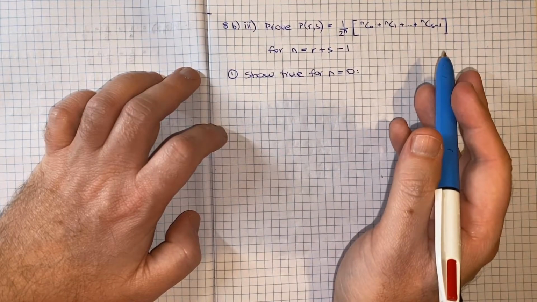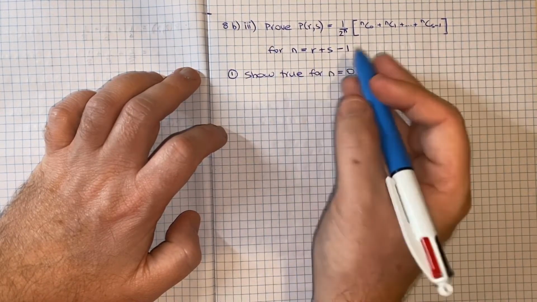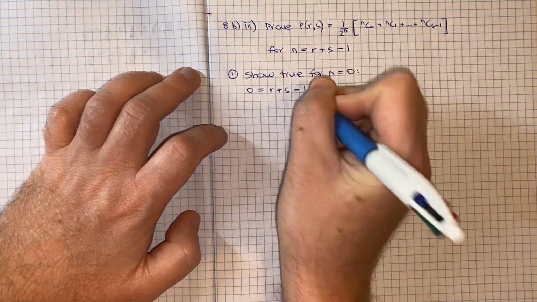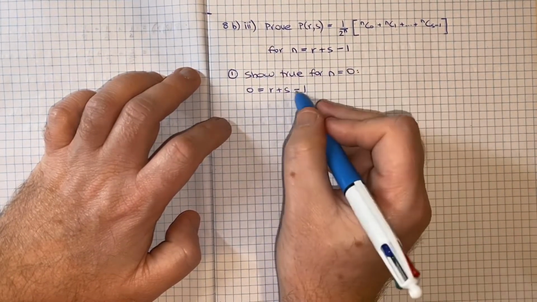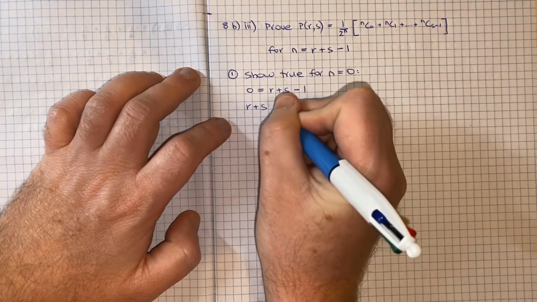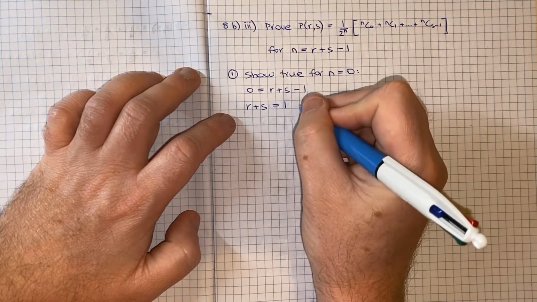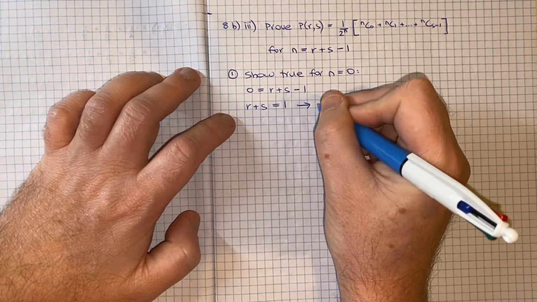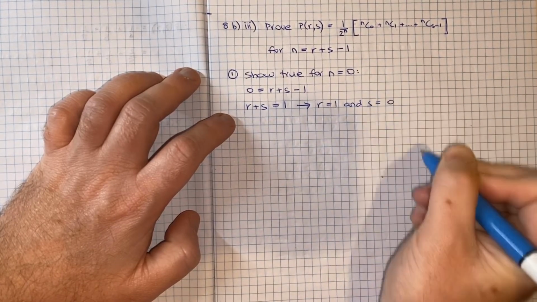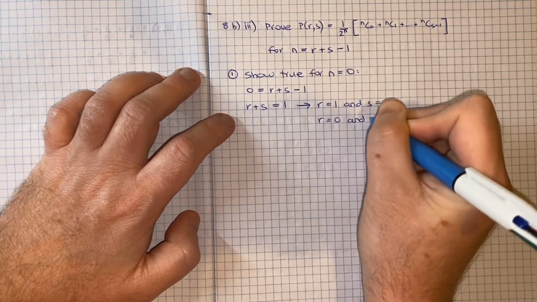So in that case, what we'd have is 0 is equal to r plus s minus 1. So if I brought that 1 over, we're basically dealing with r plus s is equal to 1. And the two ways that could happen is you could have r equal to 1 and s equal to 0. Or you could have r equal to 0 and s equal to 1.